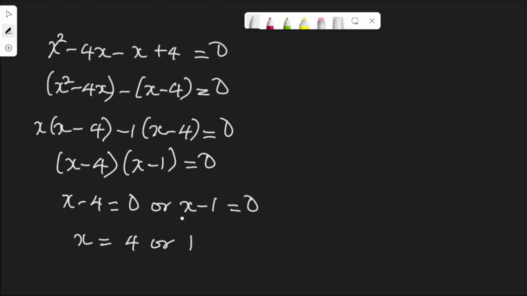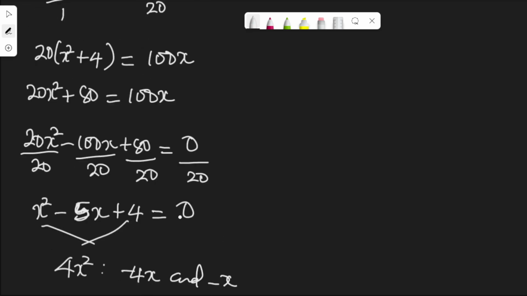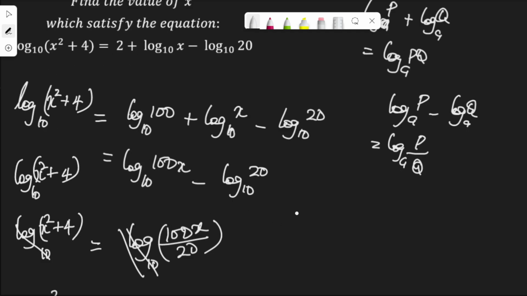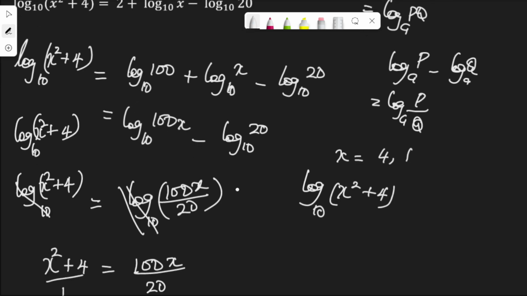Let's substitute these values into the equation to see which one satisfies, because the question said find the value of x which satisfies the equation. The equation is log (x squared plus 4), and the values we have for x are 4 and 1. Let me work on the left hand side first before I move to the right hand side.